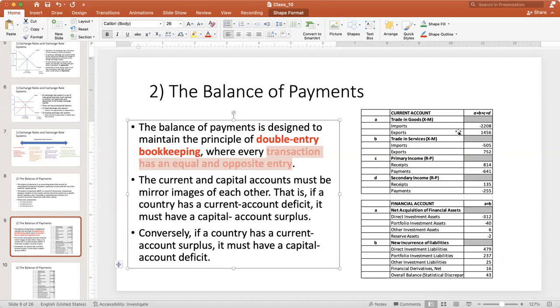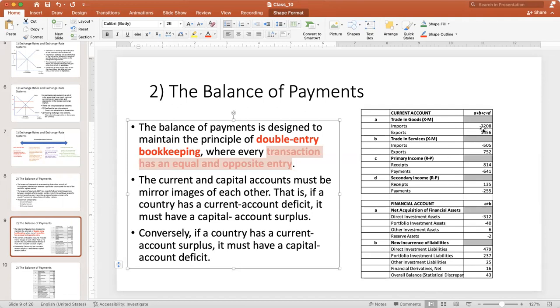And at the end, if you have money, it's better for you to lend that money to the countries that are consuming more than they are earning. So that's why your financial account should be negative, reflecting that you are lending that money. So that's why the current and capital accounts must be mirror images of each other.